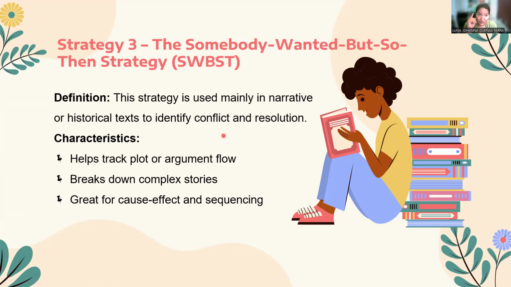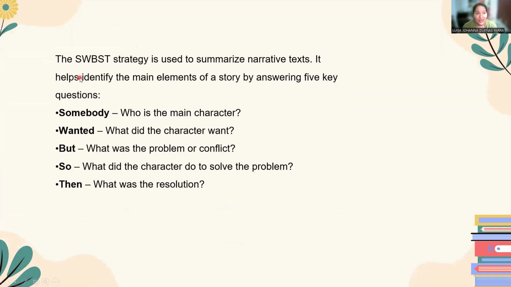The characteristics of the SWBST: it helps track plot and argument flow, breaks down complex stories, and is great for cause and effect and sequencing. The SWBST strategy is used to summarize narrative text, like I already mentioned, and identify with 5 questions.